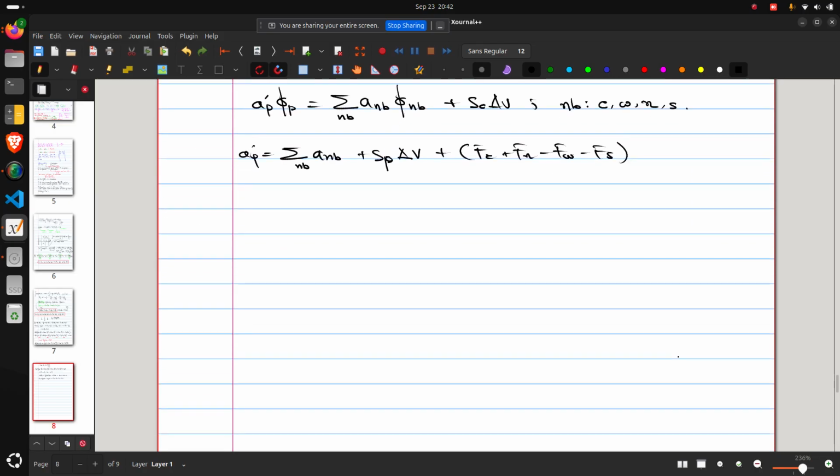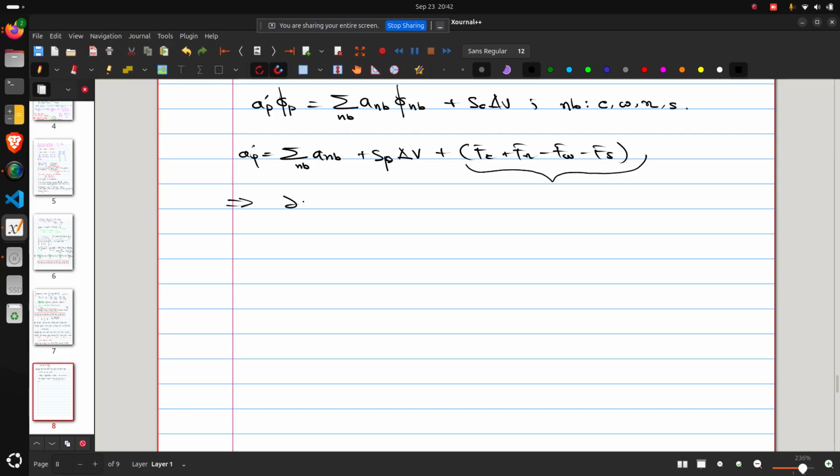So what does this term actually mean? This is nothing but the net mass flux through the control volume, right. That is the mass flux entering and leaving, the summation of all these things. So for an incompressible flow, if you remember, what does the continuity equation come up to?